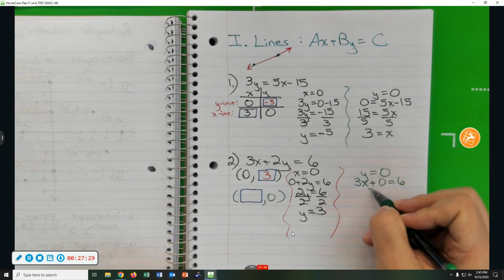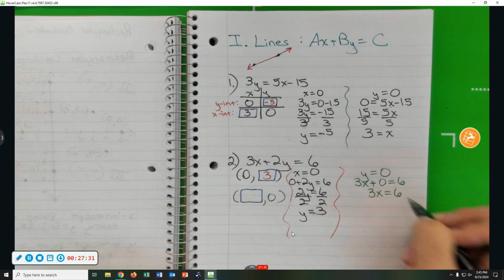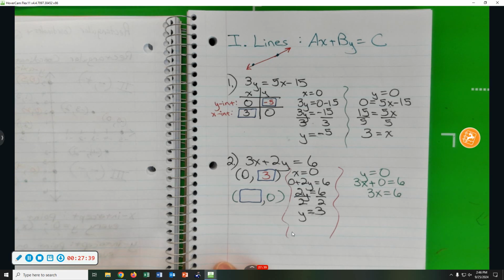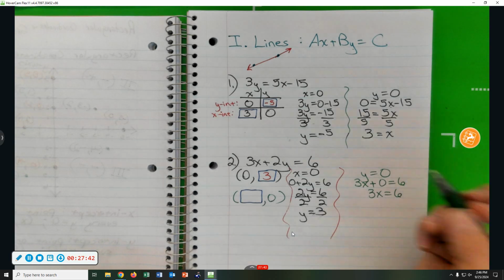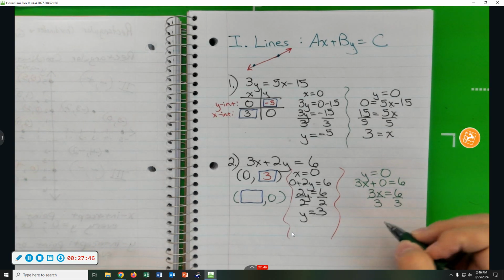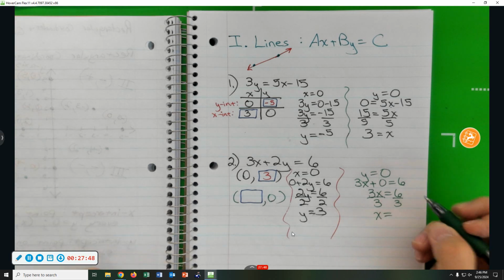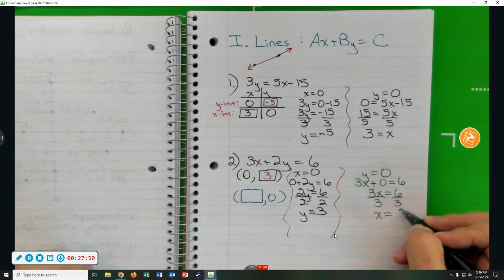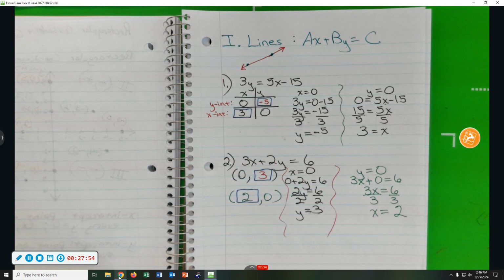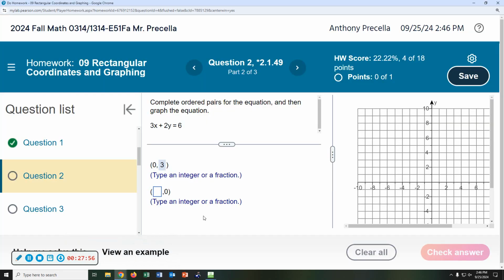So really all we have is 3x equals 6, which means x is equal to... Oh, I meant x is equal to what number? Yeah, y'all say 2. Okay, there. So we found our 2 ordered pairs.